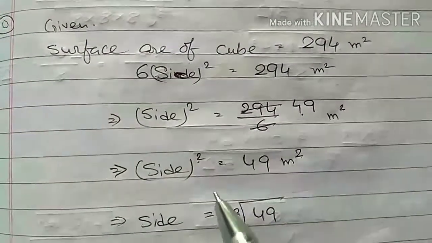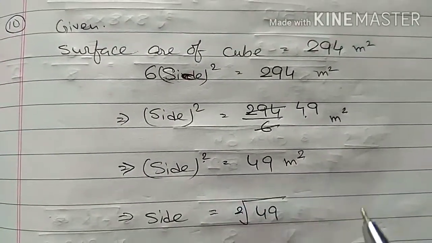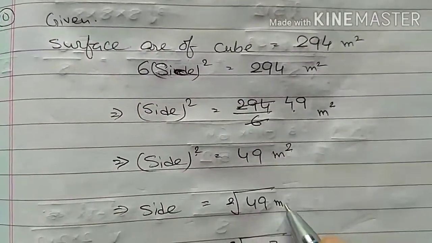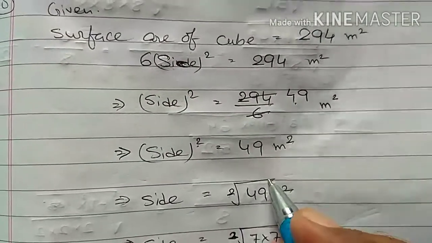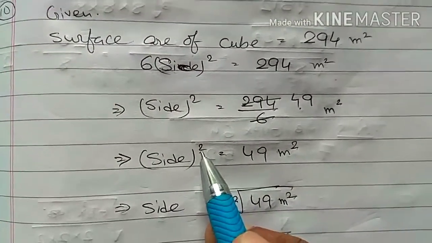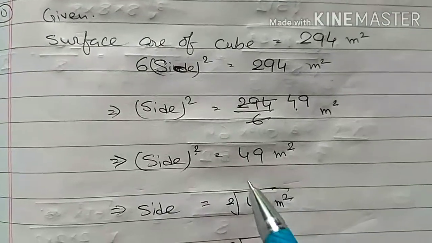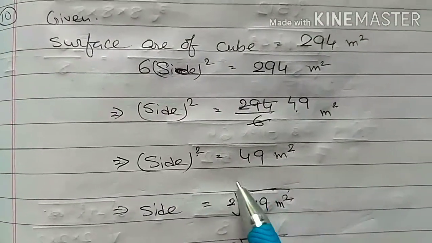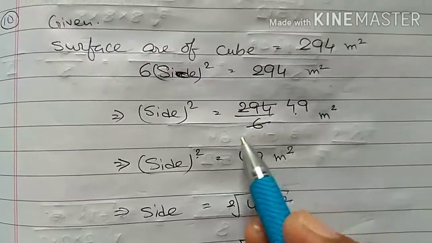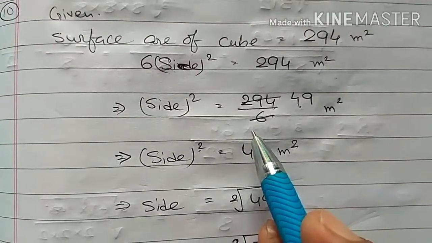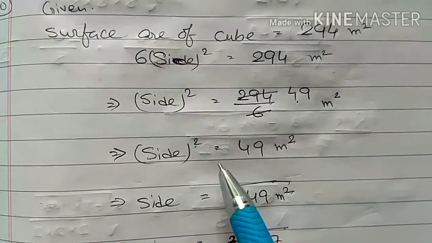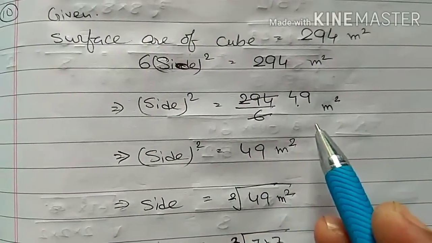This is side square, and look here, after removing the sign of square, it becomes this much meter square inside the root. If we remove the power of 2 here, then on the opposite side of the equal sign, the number becomes under root.